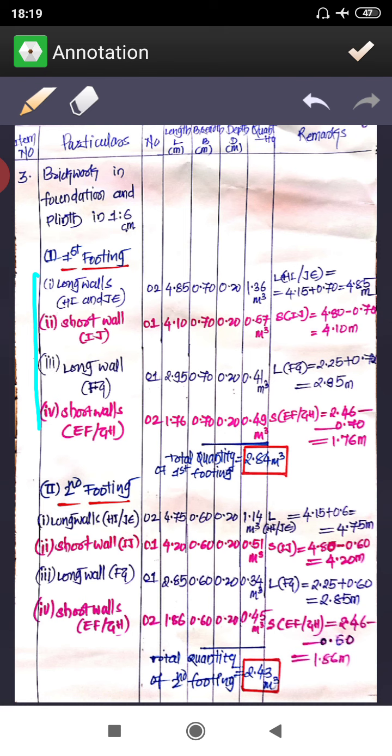Now for first footing, I have taken two numbers. The length is going to change now, because the width of footing is going to change, right? Here the width we are having is 70 centimeter, 0.70. So I have written here the length, that is 4.15 plus 0.70, which is 4.85, as I said, for long wall, center to center distance plus one full width.